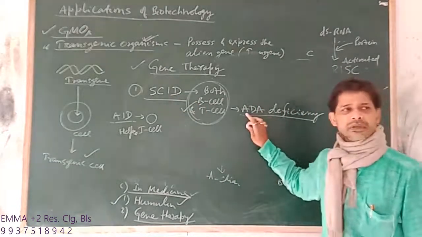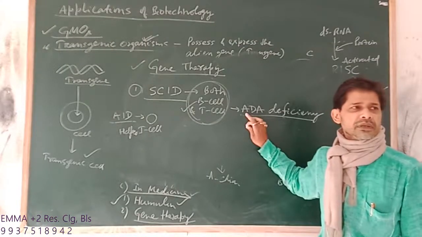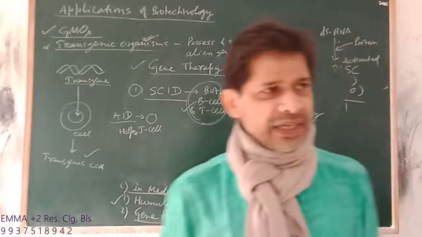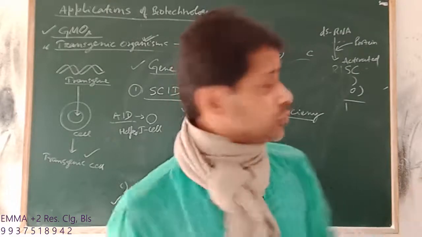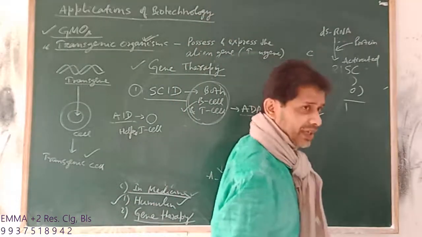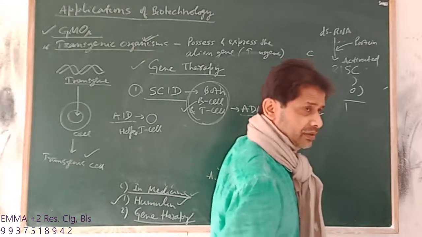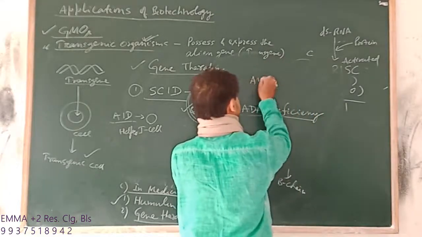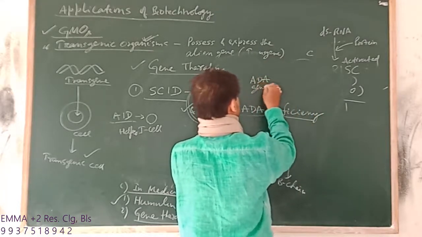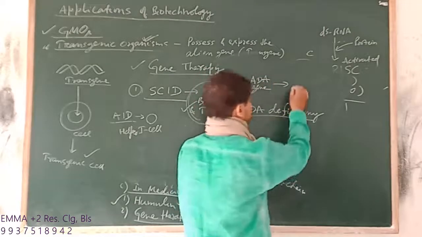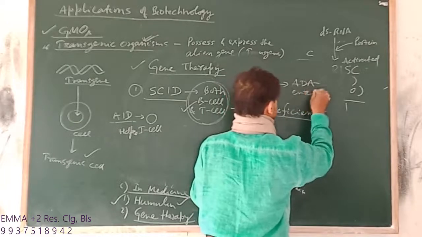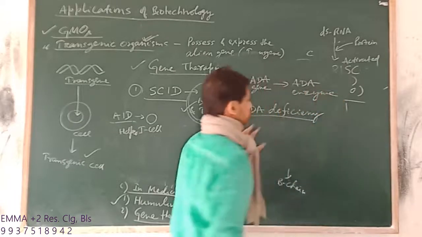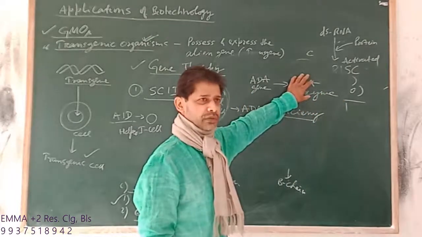ADA full form is adenosine deaminase. This is an enzyme. The gene that prepares adenosine deaminase is called the ADA gene. The ADA gene produces the adenosine deaminase enzyme, the ADA enzyme. So the ADA enzyme is the gene product.